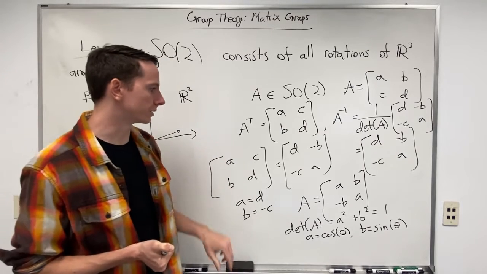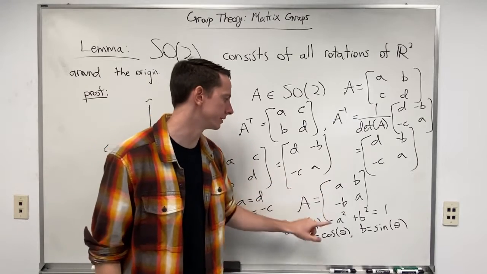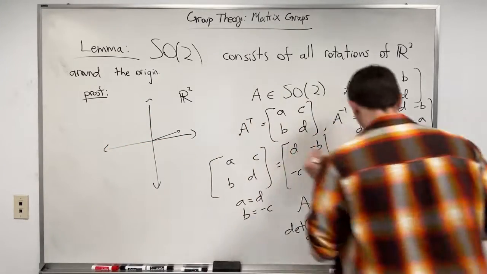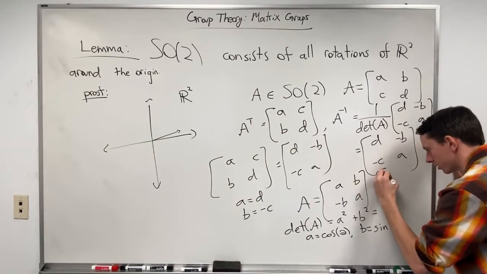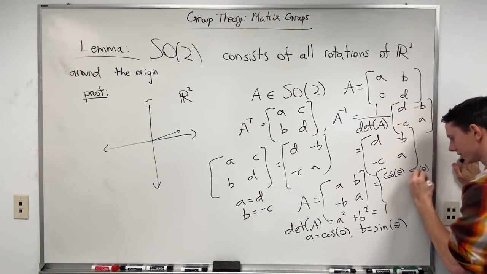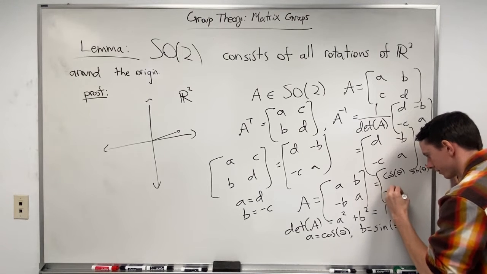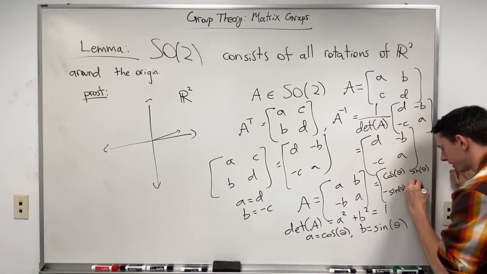And when we make that substitution, A doesn't just have the structure a, b, negative b, a, but it can be expressed as cosine theta, sine theta, negative sine theta, cosine theta.